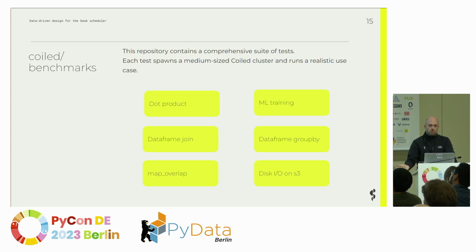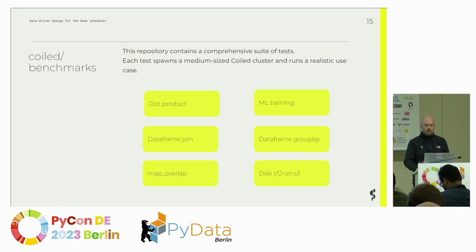These are basic PyTest that instead of running on a single host on very small data, like you would be used to seeing on PyTest, they start full-size Coiled clusters, 10, 20, 100 workers, and run a whole array of use cases with as much comprehensiveness as you would expect in a functional regression test suite. So you will have dot product, you will have data frame joins, you will have machine learning training. You have the whole thing, we are adding to it.